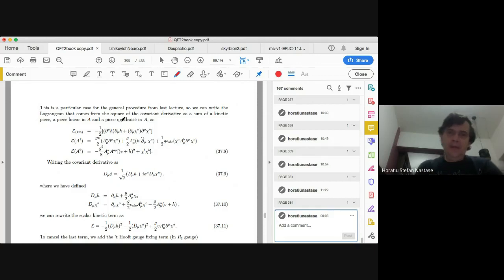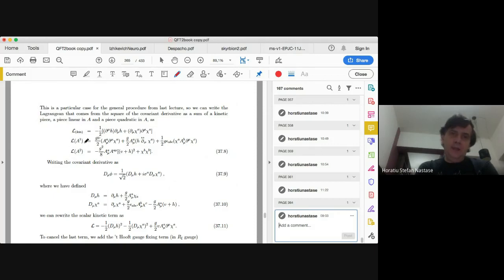And following that, we'll write the Lagrangian that comes from this covariant derivative term as a sum of a kinetic piece, a piece quadratic in the fields, a piece linear in A, and a piece quadratic in A. The kinetic term is the kinetic term for the Higgs plus the kinetic term for the Goldstone boson, so minus 1/2 (d mu H) squared minus 1/2 (d mu chi a) squared.